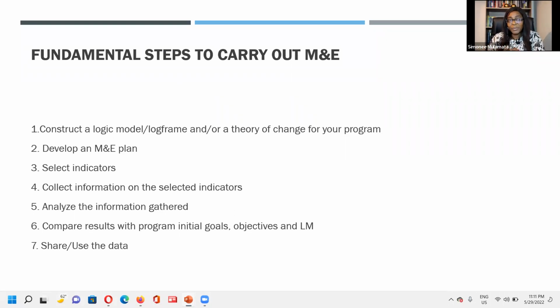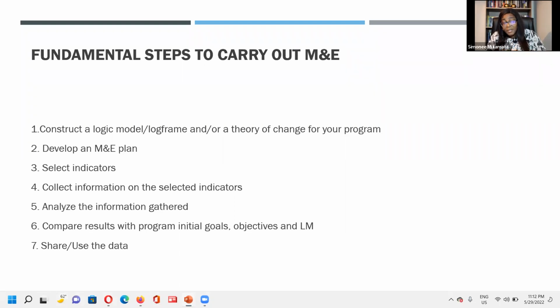This particular program that I'm working on, they use theory of change. Theory of change is basically how one part of the process influences the other part, and then the outcome, what you are getting, because we're working with three categories. We work with girls, we work with boys, and we work with youth, young people and young adults.